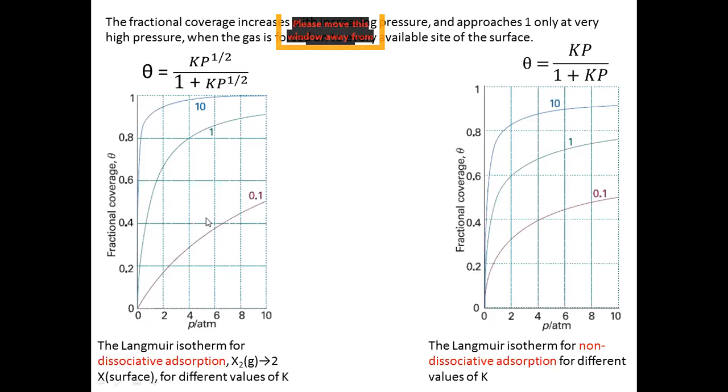Now we are going to compare what is happening with the dissociative and the non-dissociative adsorption. Again, in the equation as written over here, X is going to be converted into 2. So one molecule of the adsorbate is going to occupy two sites of the adsorbent.